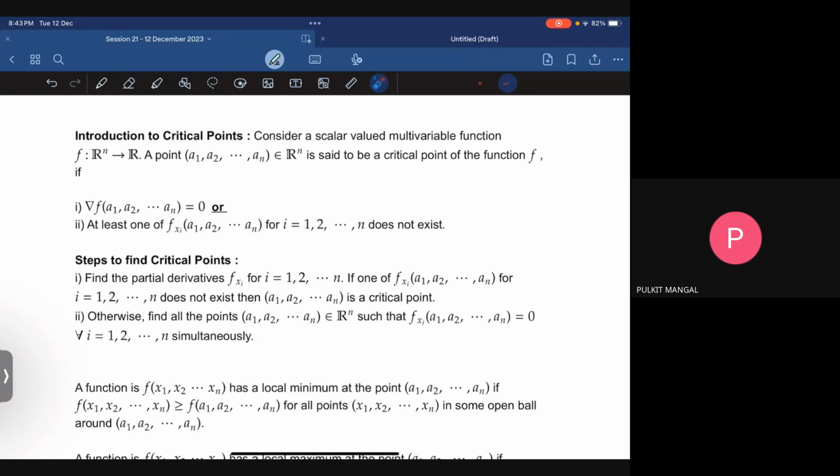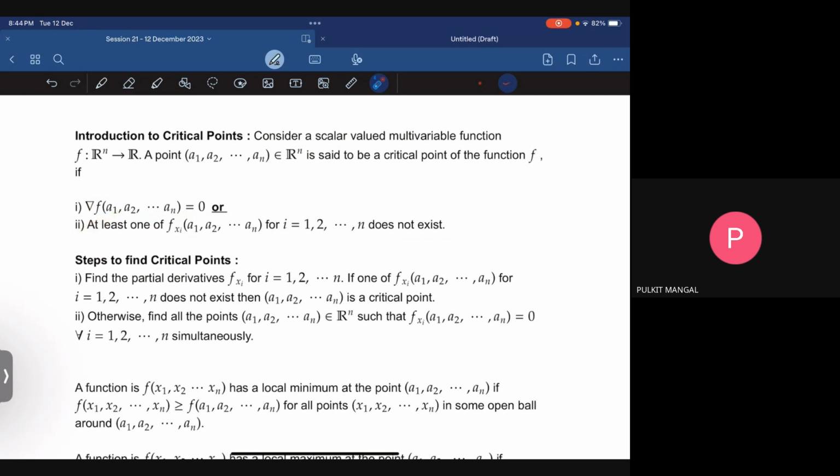In simpler language, the partial derivative with respect to each variable at the point (a1, a2, ..., an) is 0. My second condition is that at least one of the partial derivatives f_xi, at least with respect to one variable, doesn't exist. So either this condition should be satisfied or that one.